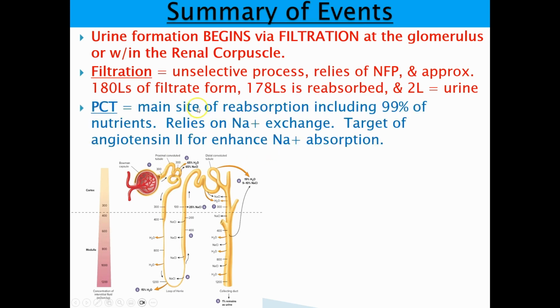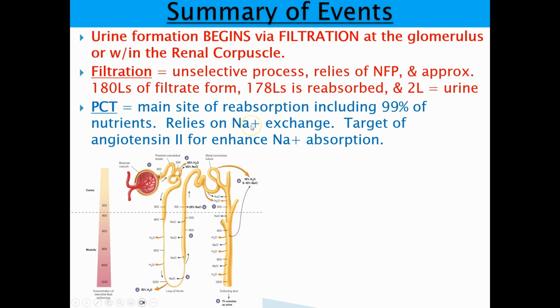So the main points of the PCT: it's the main site of reabsorption, 99% of our good nutrients. The thing that we said it relies on was the sodium exchange, because sodium drives the ion exchange, right? So sodium gets in, that helps move some of the ions. Some of the other ions get actively transported with, or symported, right? That was the co-transport.